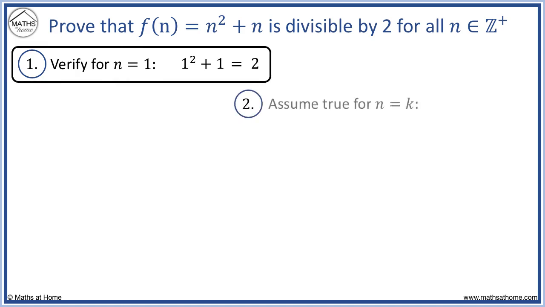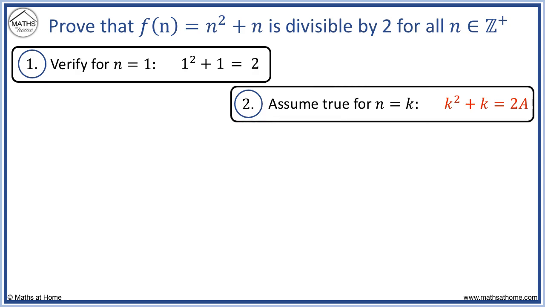Now we assume it is true when n equals k. We substitute n equals k into n squared plus n to obtain k squared plus k. This is equal to 2a because we are assuming that it is divisible by 2. Therefore, the k squared plus k must be equal to 2 times some other number.